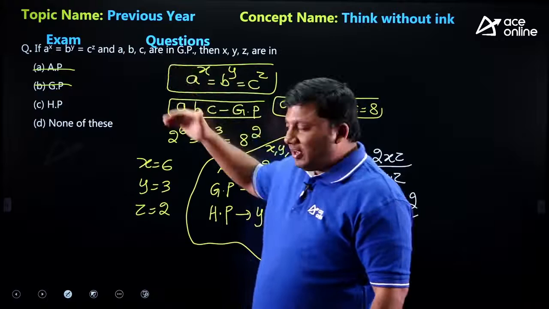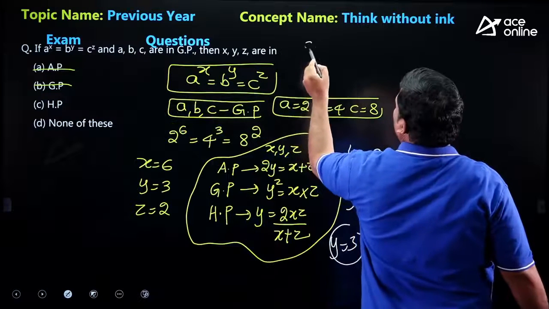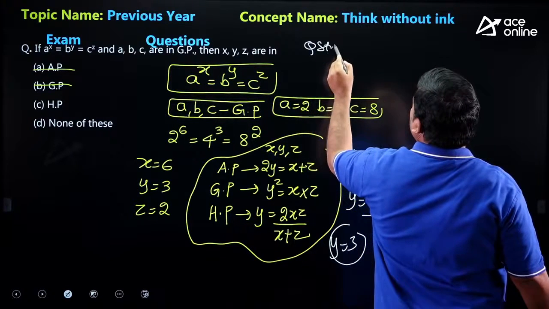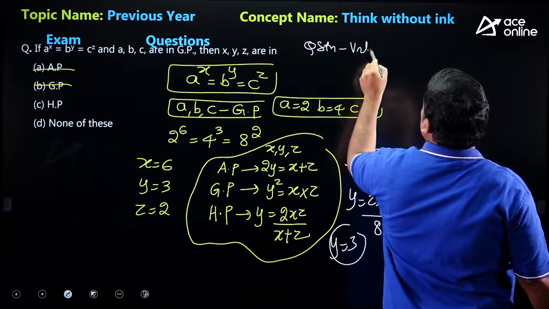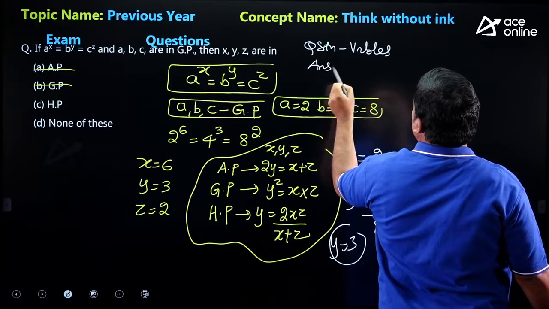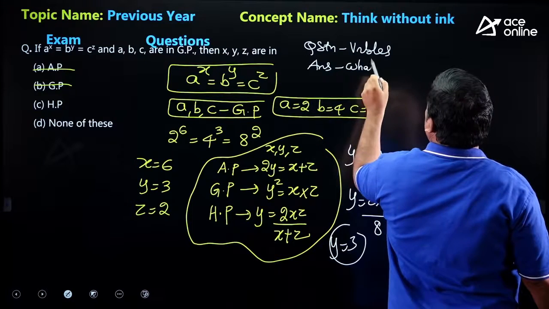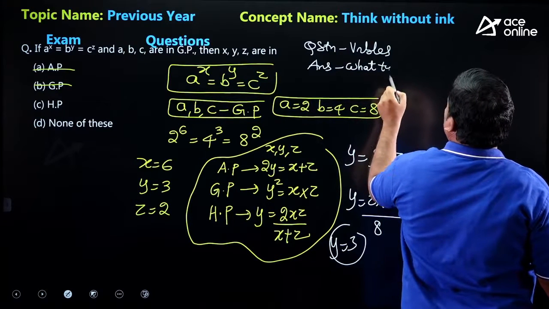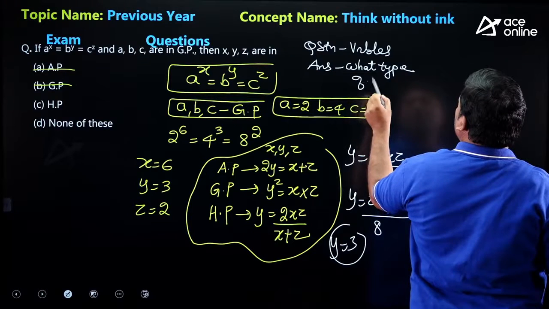Question contains variables. This is the basic template. Question contains variables, and the answer asks which type of progression. What will we use in that case? The substitution method.